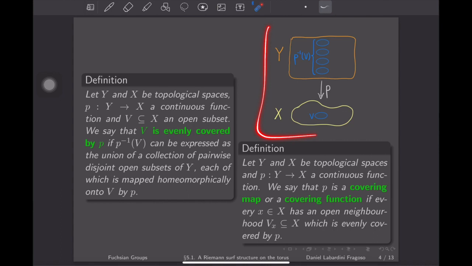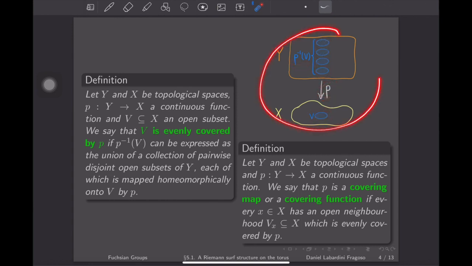If, and look at this picture, when I look at the pre-image of V under p, such pre-image is the disjoint union of open sets of Y, the domain of the function, all of them open and pairwise disjoint, and with the additional property that each of them is mapped homeomorphically onto V by p.